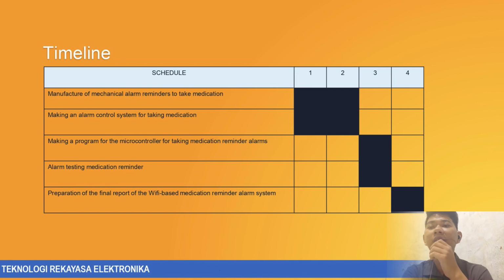In week 3, we make a program for the microcontroller for the medication reminder alarm, and test the alarm. In week 4, we prepare the final report of the Wi-Fi based medication reminder alarm system. Okay, the next slide will be explained by my friend.